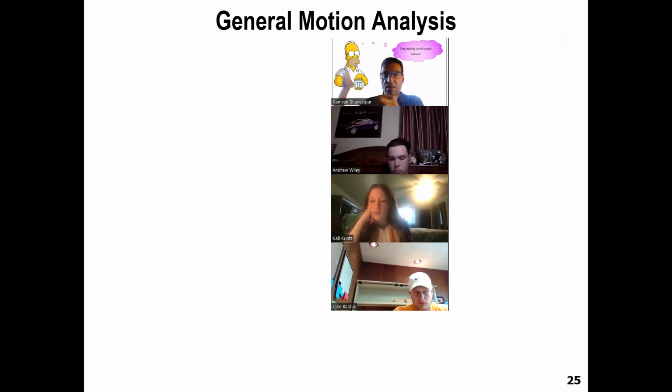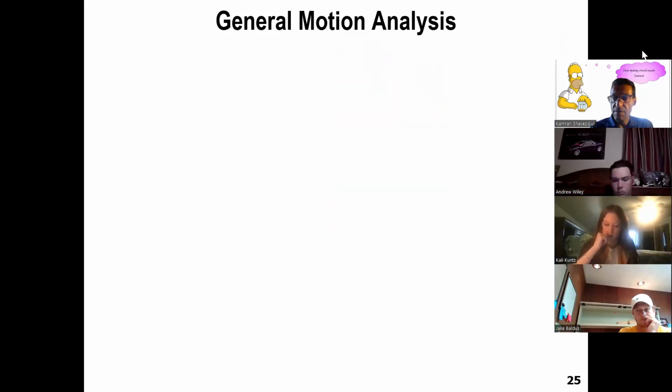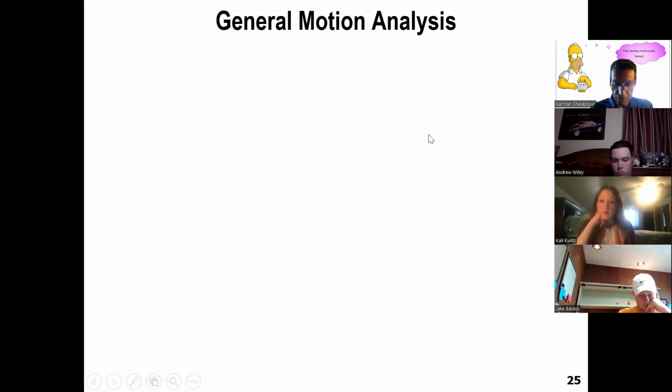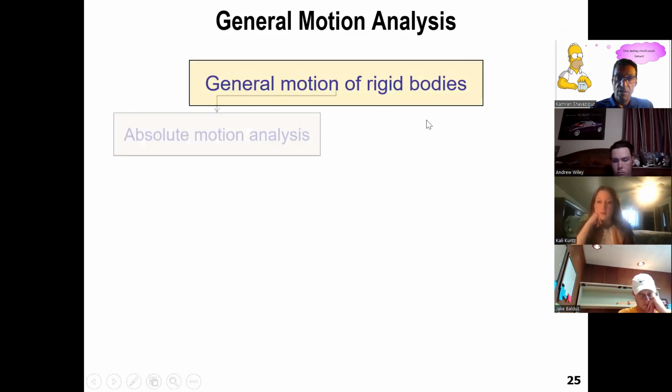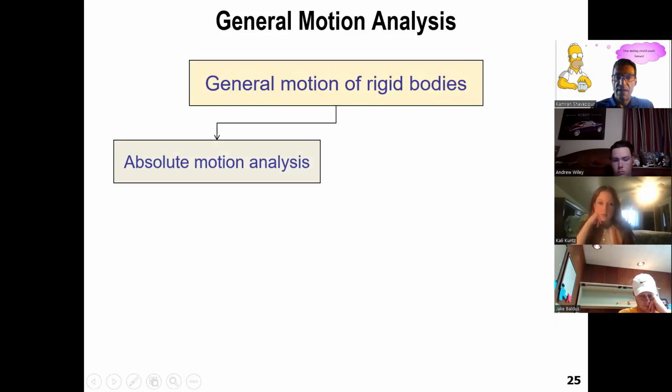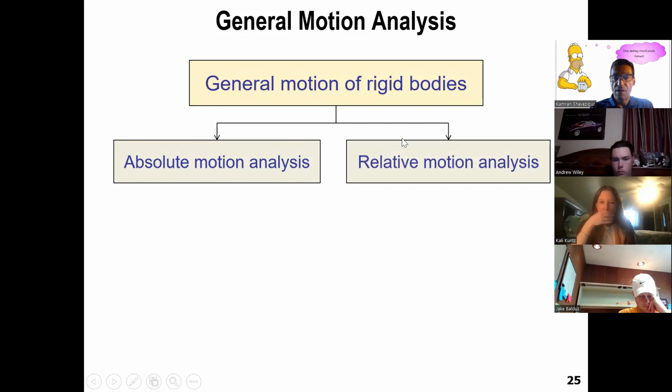General motion is when things move around and change angle. So in that case, you have a combination of translation and rotation. Now, to analyze this, we have 2 approaches. One, we call absolute motion analysis, and one, we call relative motion analysis. You're going to see shortly how these names are selected.